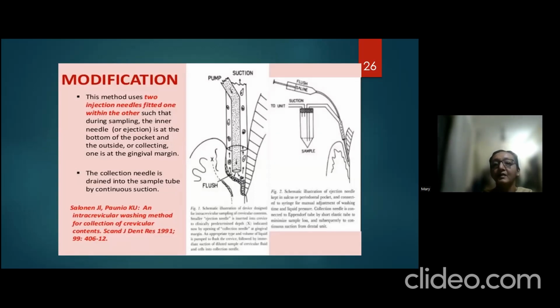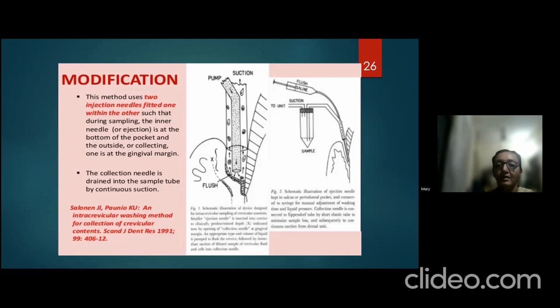One needle goes up to the gingival sulcus and is used to pour saline into the gingival crevice, and the other is a collection needle, which uses a suction pump to collect the fluid into a test tube, whereby the sample is then examined.